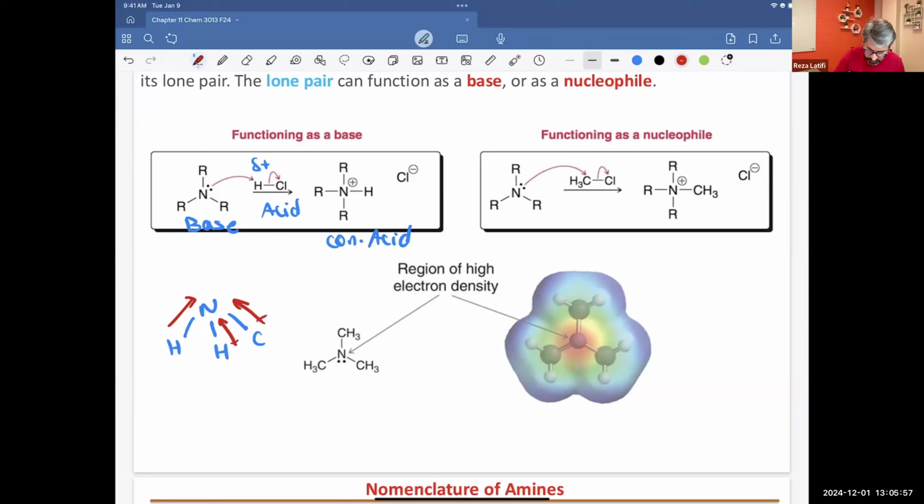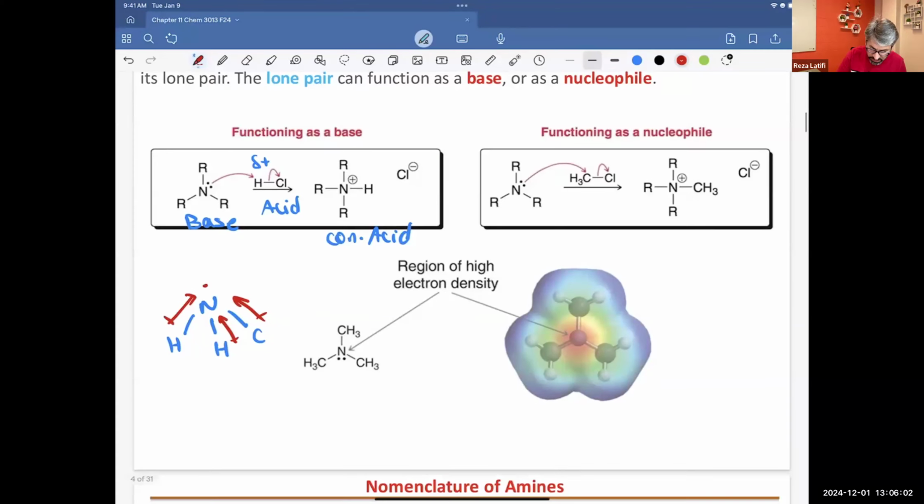So whether it's carbon or hydrogen, the electron density will be pointing to nitrogen, and nitrogen will have a partial negative charge. That negative charge can be shared with a hydrogen that has a positive charge from another molecule, and it will abstract or pull the hydrogen to itself. In that case, we say nitrogen behaved as a base.